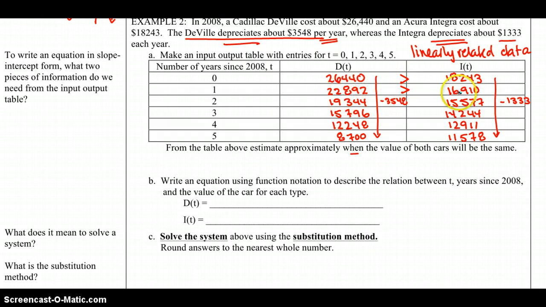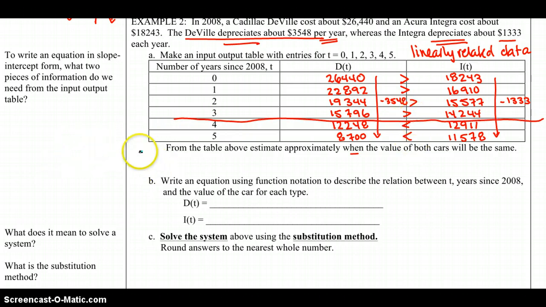The DeVille was still worth more than the Integra, and here, and here. But now suddenly here, 4 years later, the DeVille is worth 12,248, but the Integra is worth 12,911. So somewhere in here, those two lines had to have crossed.